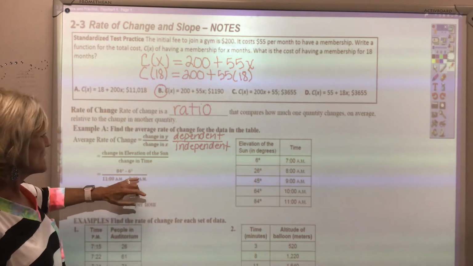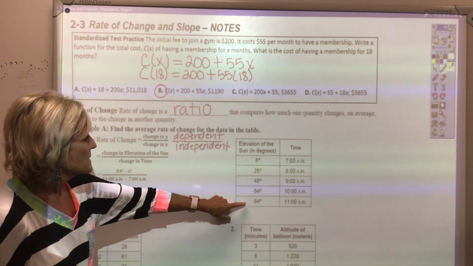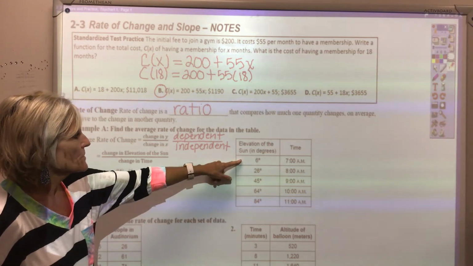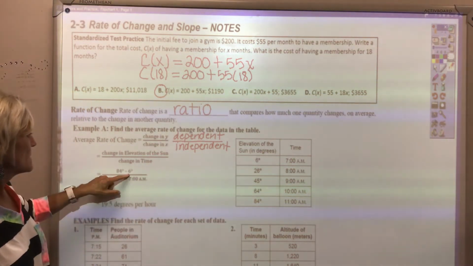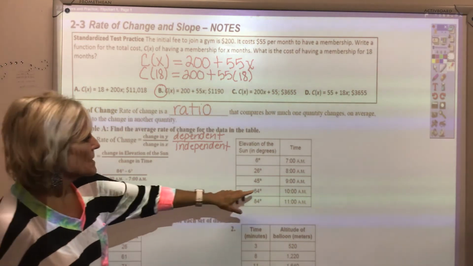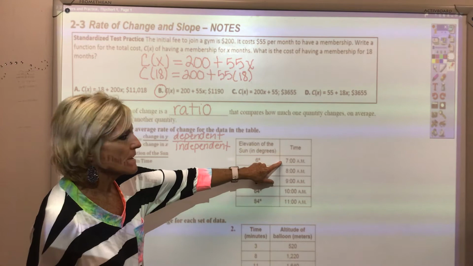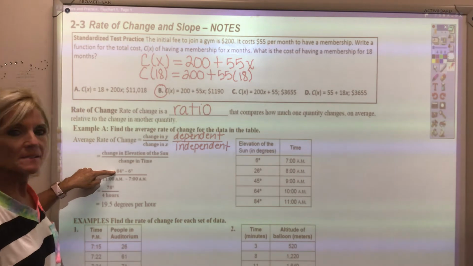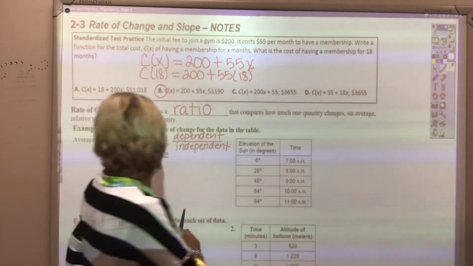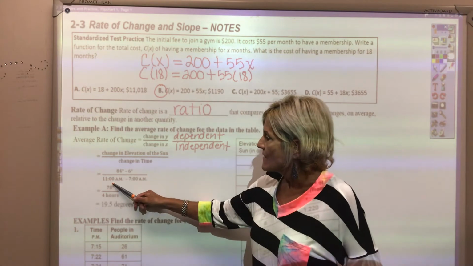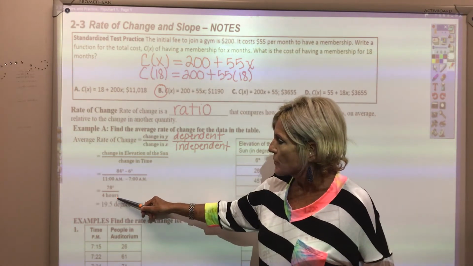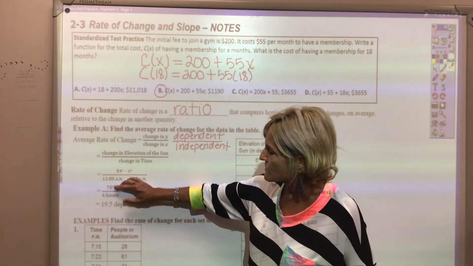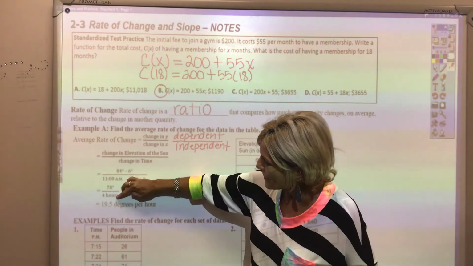They took the overall change from the last value for Y of 84 minus the first value of Y of 6, and they put that over the change in time, 11 a.m. minus 7 a.m. So that would give us 84 minus 6, which would be 78, and 11 a.m. minus 7 a.m., which would be 4 hours. And when you write your answer, you write it in the units of measure. So it was degrees per hour.